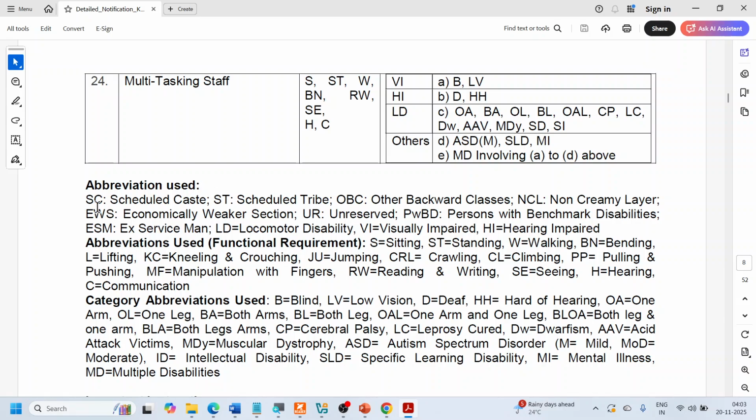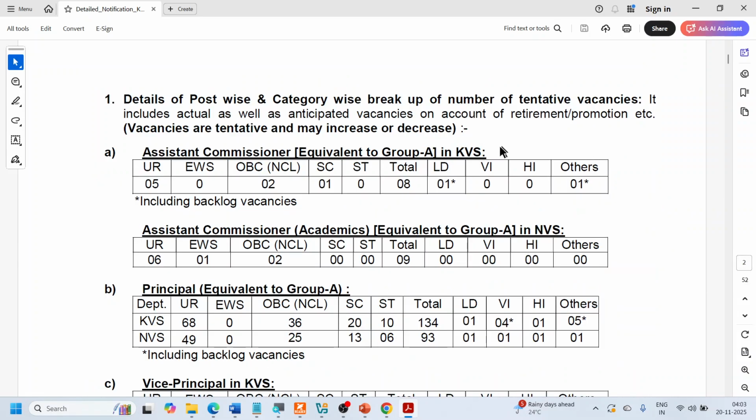Here they have written SC means scheduled caste, ST scheduled tribe, ESM means ex-servicemen, EWS means economically weaker section, UR means unreserved, PwBD means persons with benchmark disabilities, LD locomotive disability, VI visually impaired and HI hearing impaired. You can just glance through it if you are unaware of what these mean.